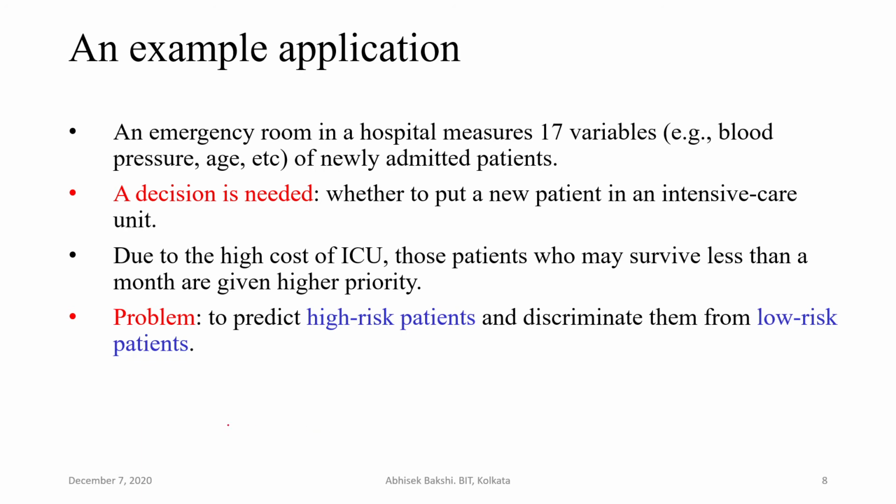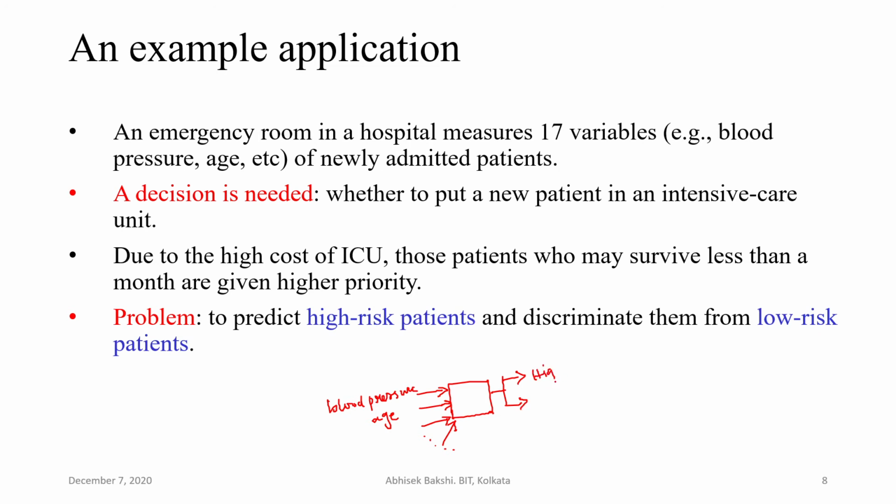There will be some machine. So I'm expecting I will design a machine which will take those inputs. For example, blood pressure, then age, maybe 17 or 15 other inputs, and it will conclude one of two things.